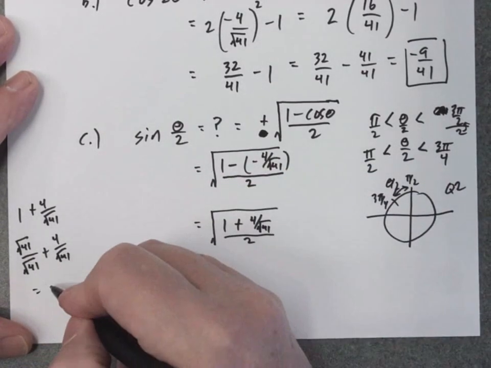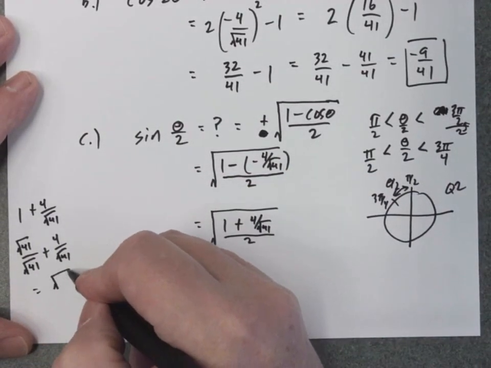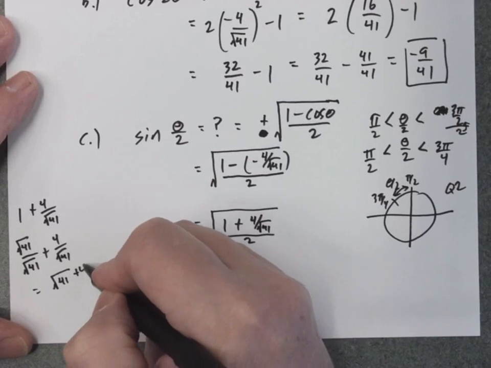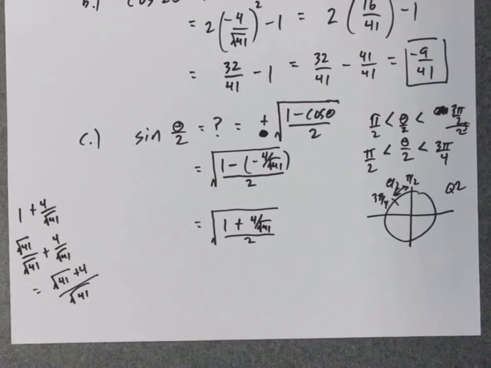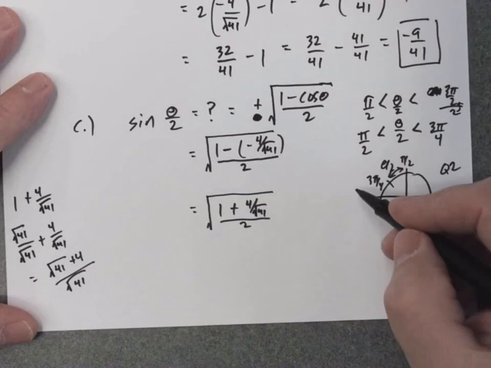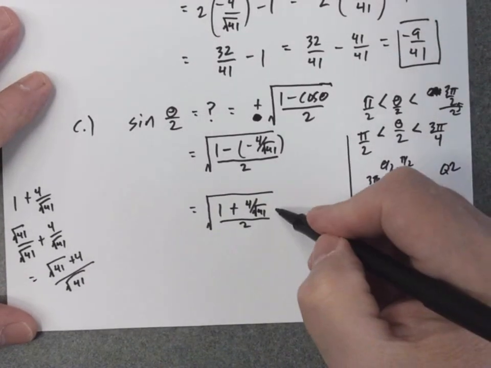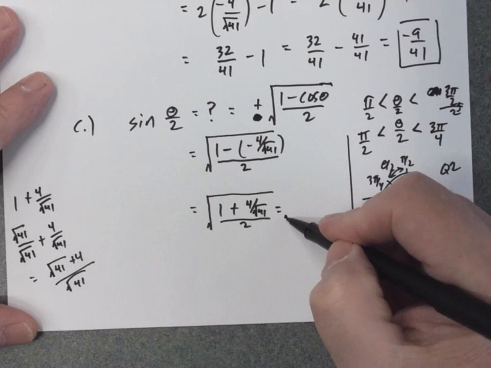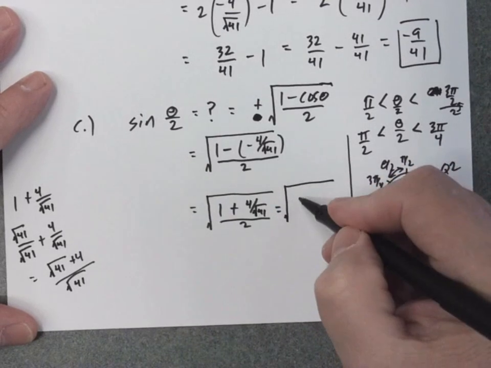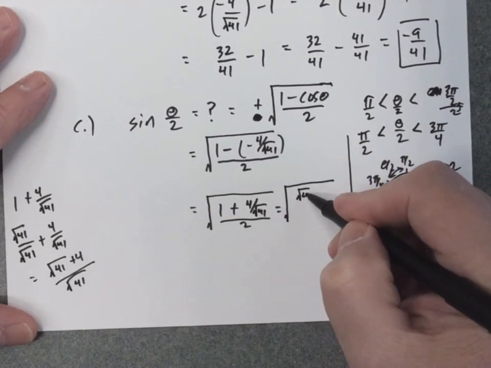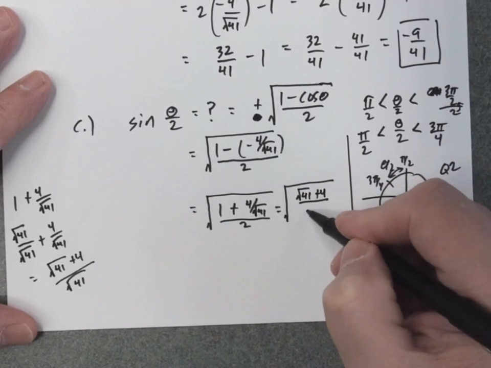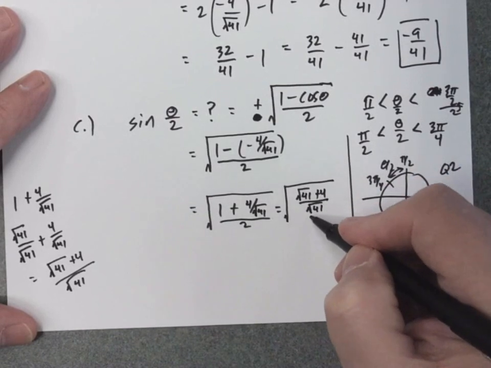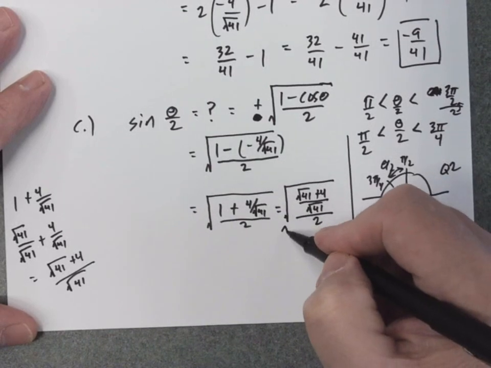So now, written as one fraction, it's this. So it's actually, this is why I said it gets pretty messy. So it's square root of 41 plus 4 over square root of 41 all over 2.